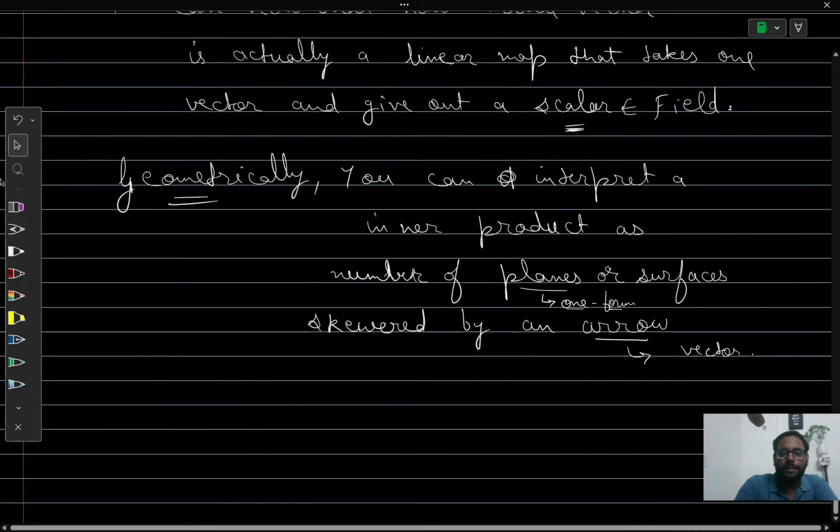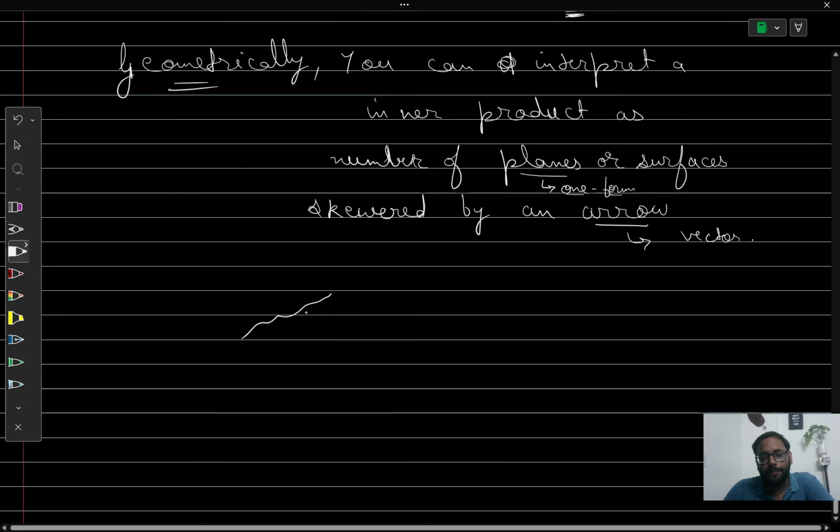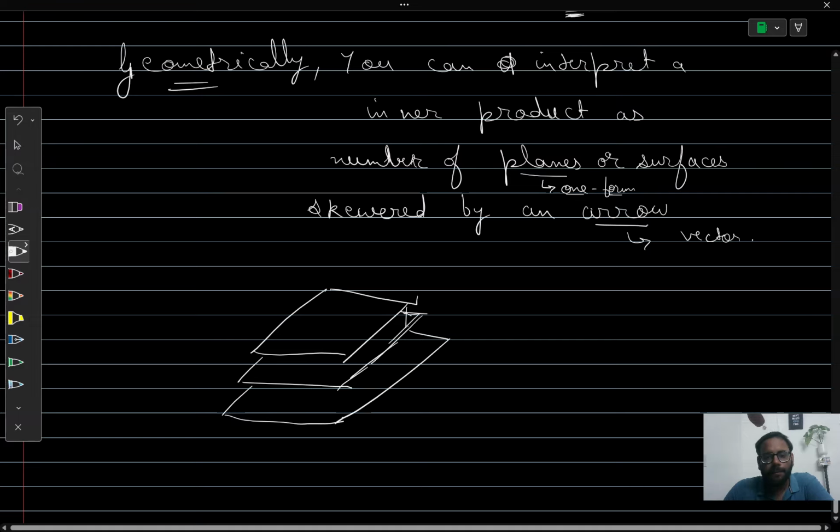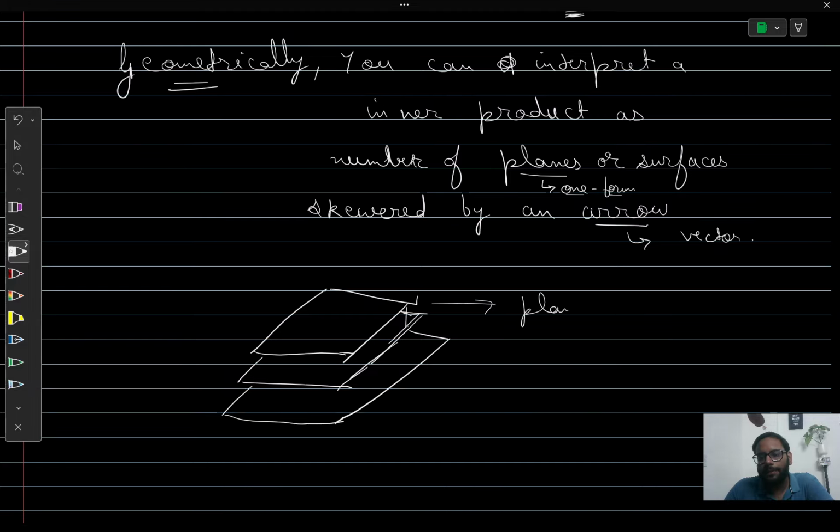So if there is a set of planes like this, the different planes, okay, these are planes or one forms.